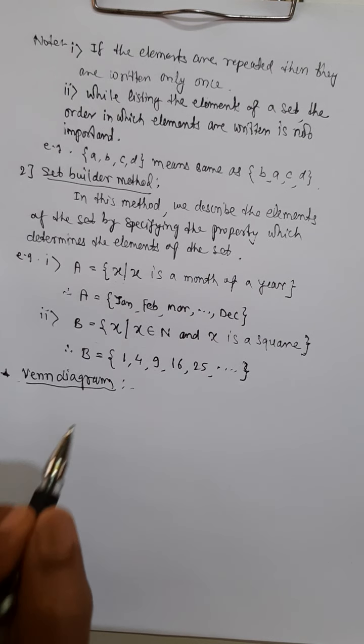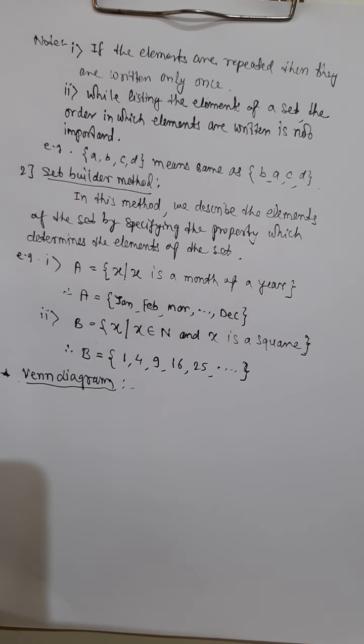Then we will see what is meant by Venn diagram. Venn diagram is the pictorial representation of a set. With the help of a picture, we can represent a given set, and that is called a Venn diagram.